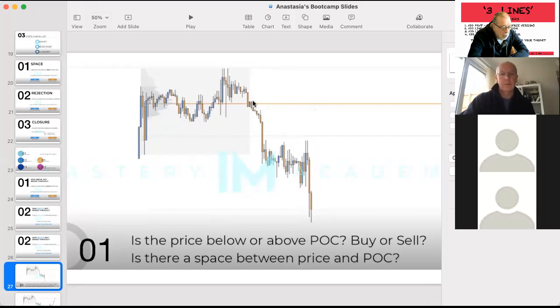At this point, price broke through. So the question she's asking is, price below or above? Well, obviously price is below. Therefore, we're looking for a sell. Is there a space between price and the POC? Well, yes, there is. At this point, there's a space.